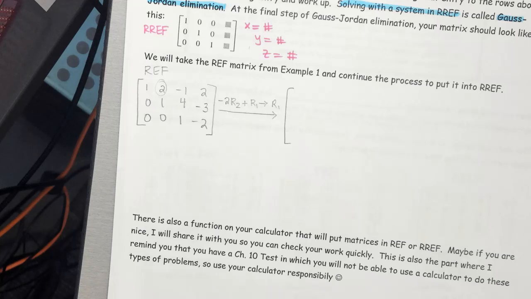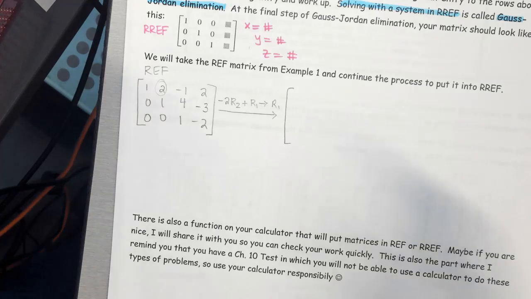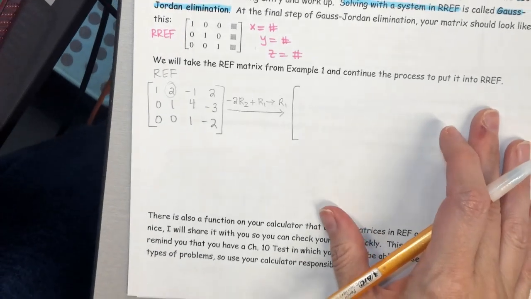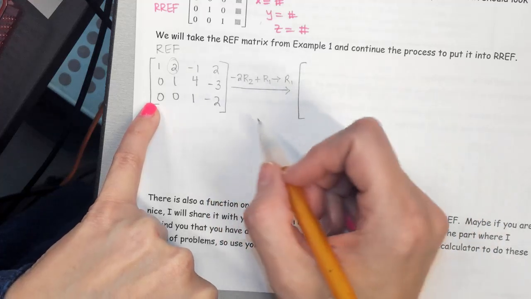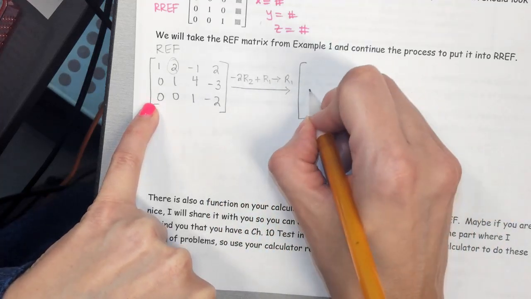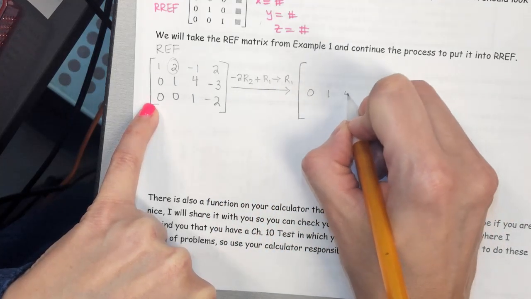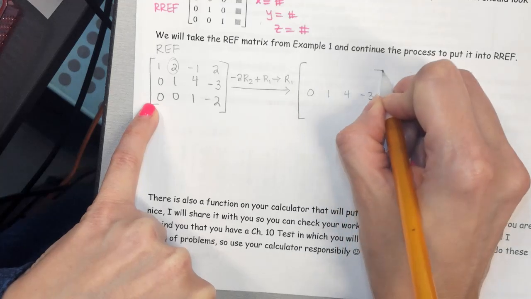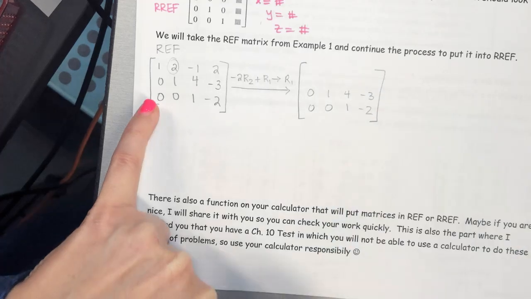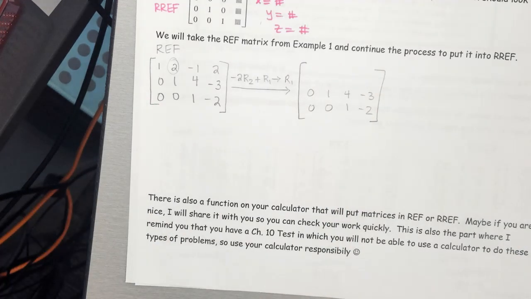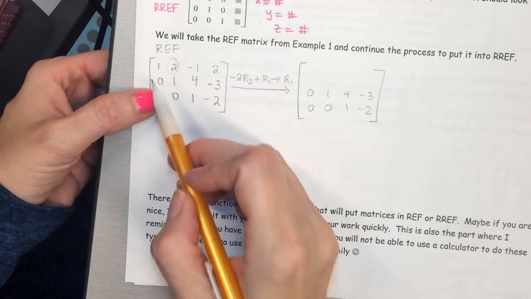This can be a tedious process, so it's important that your focus is here. If that's going to replace row 1, I know I'm only replacing row 1, so I'll write the other 2 rows down. The nice thing about this is a 0.